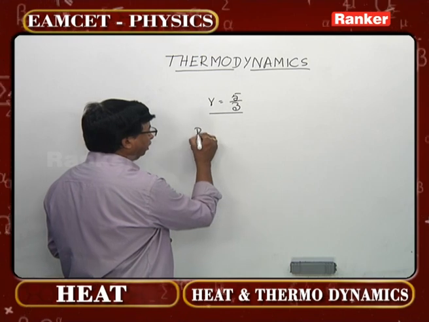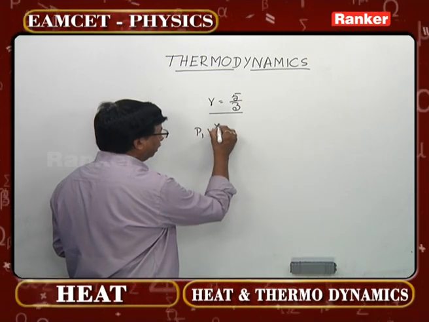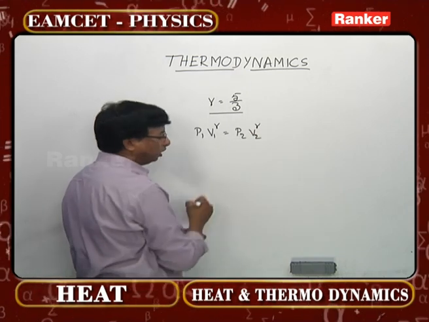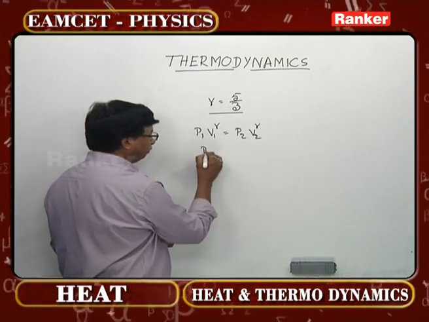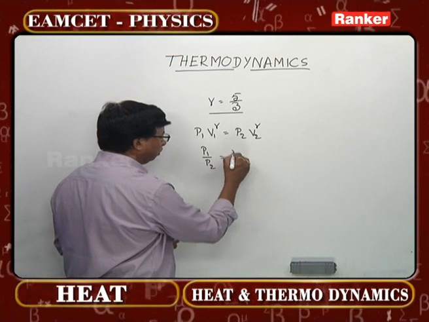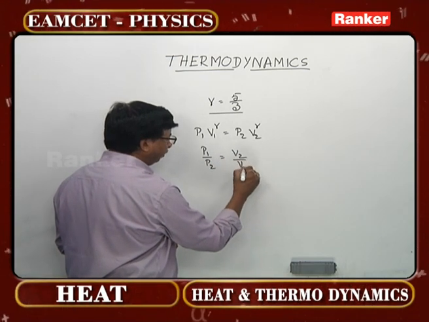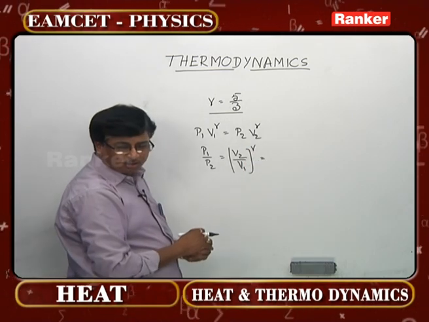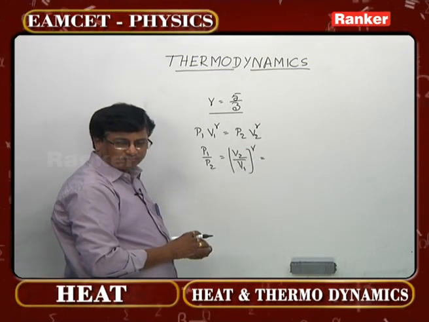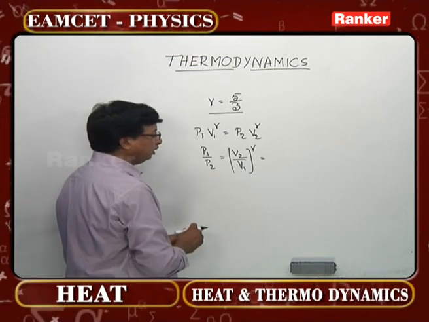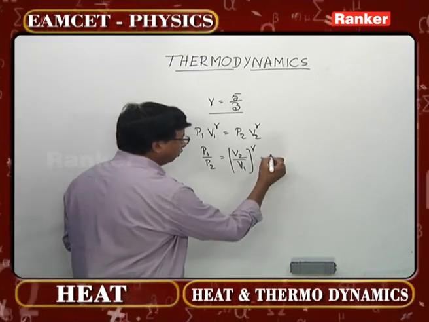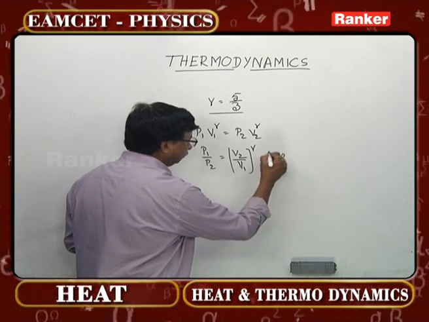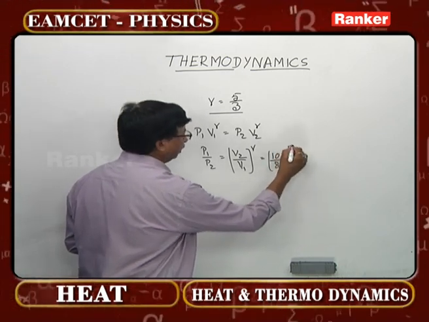So what to write? P1 V1 to the power gamma is equal to P2 V2 to the power gamma. I can write that as P1 by P2 is equal to V2 by V1 whole to the power gamma. What is the initial volume given? 800 cc. What is the final volume? 100 cc. Now you can take this as 100 by 800, whole to the power gamma, which is 5/3.